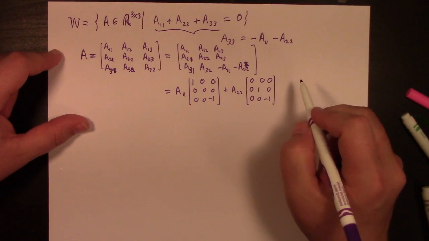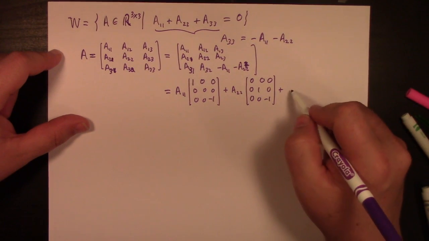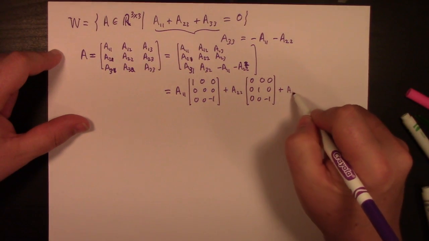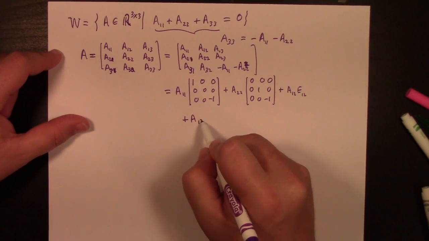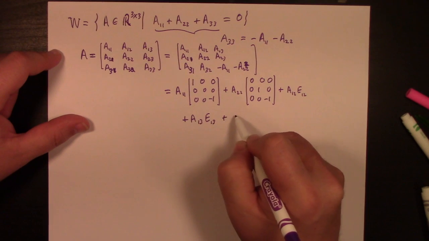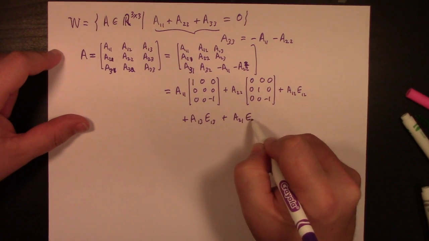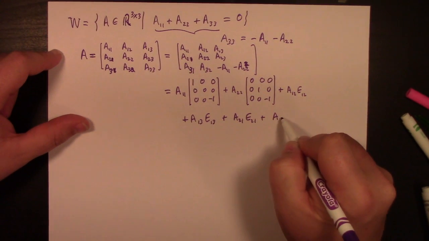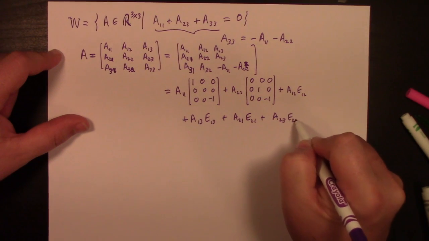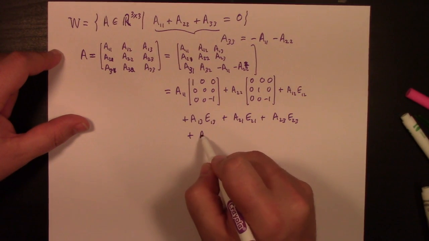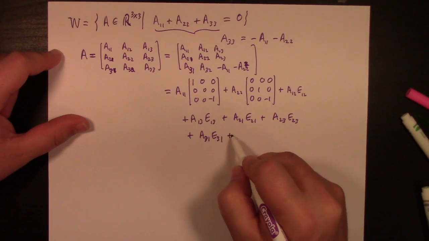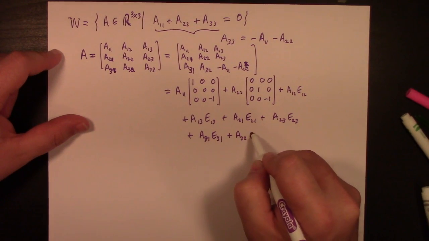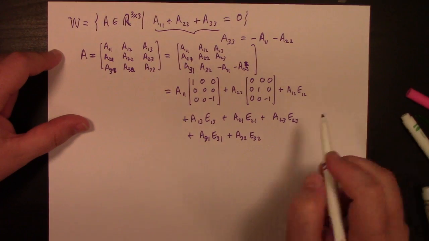Then I've got, using the other notation, A12 E12, plus A13 E13, plus A21 E21, plus A23 E23, plus A31 E31, plus A32 E32.